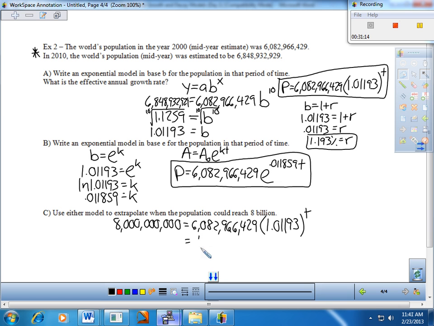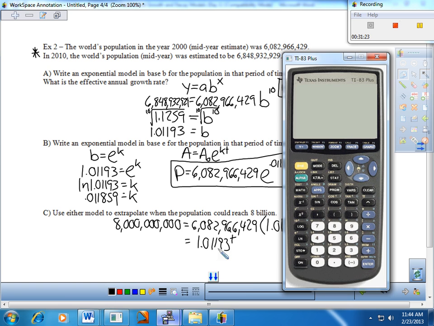So, let's go ahead and divide. That's not going to be pleasant, but let's divide, take a logarithm, and I think we'll get our answer. So let me come on over here and type in that ridiculously large number and see what we get. So 8 billion divided by the initial part, which was 6 billion, 966,429.